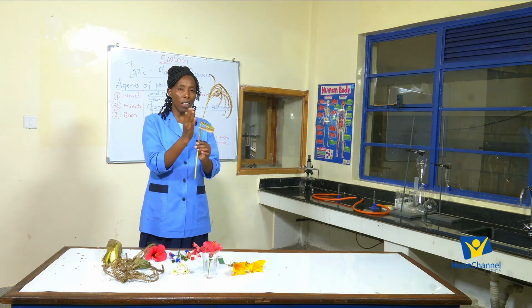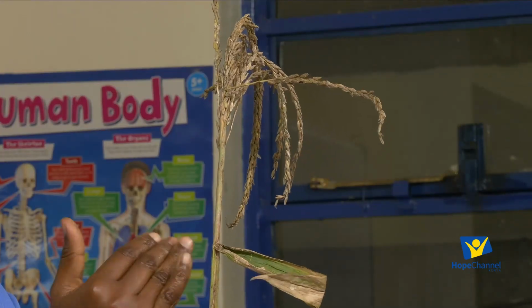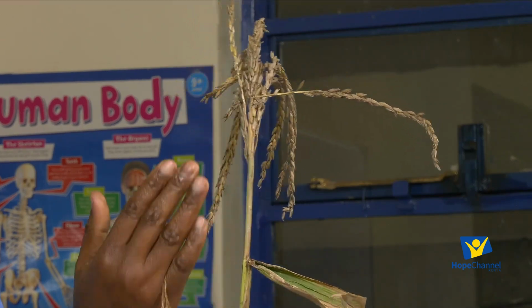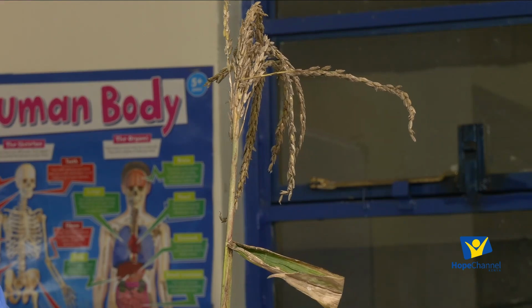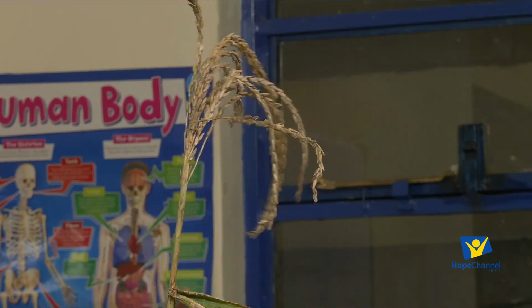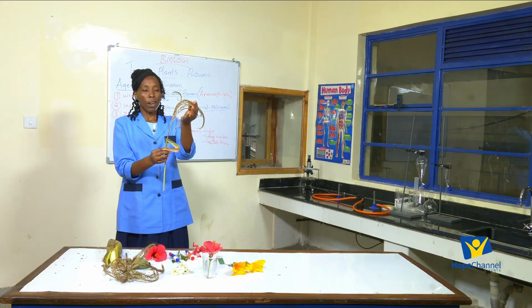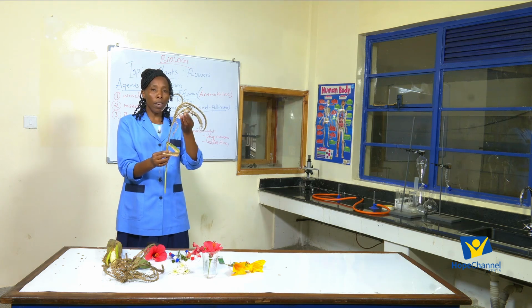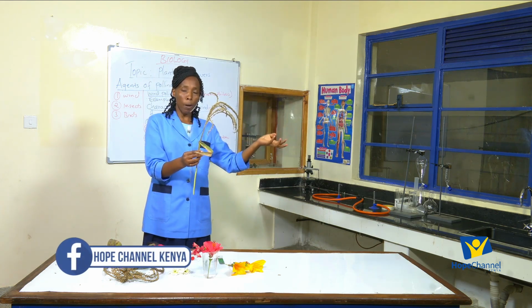It can easily be swayed by the slightest amount of wind. So usually we say they are weak, they are loosely attached to the flower, so that they can easily be swayed by wind. In that sense, the pollen grains on the anthers can easily be thrown away by wind. They can easily be carried by wind.